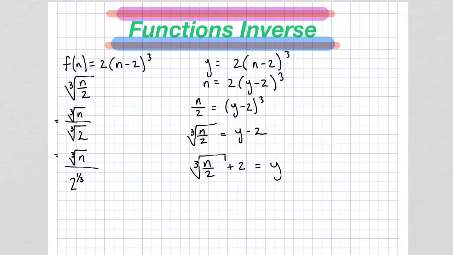If I have a cube root, it's the same as a fractional exponent of 1/3. Now I need to multiply this by some number to get rid of this fractional exponent. That number is going to be 2 to the 2/3.